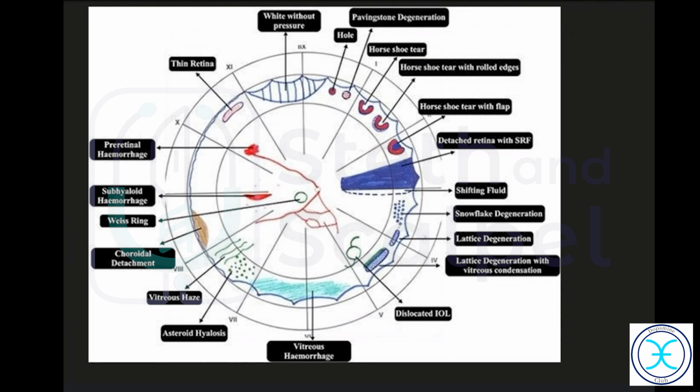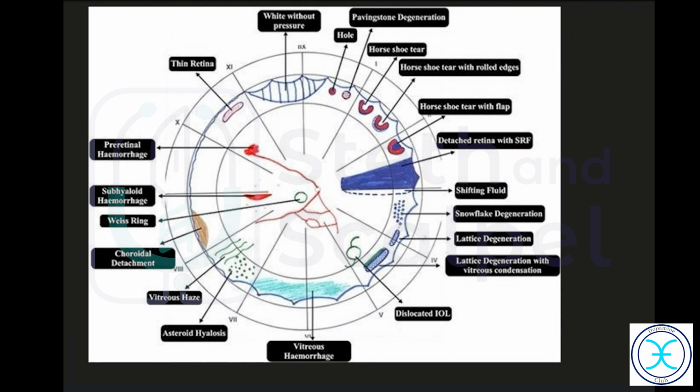Neovascularization. Choroidal detachment, any weakness, like if there's any retinal detachment, all those things can be seen. And then horseshoe tear with flap, which happens in retinal detachment.